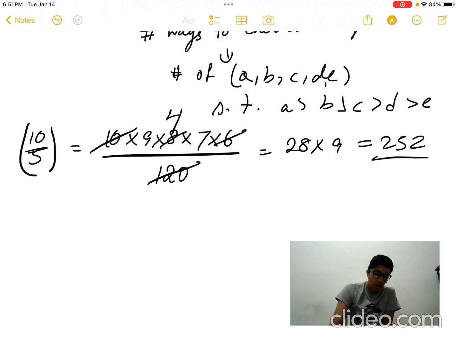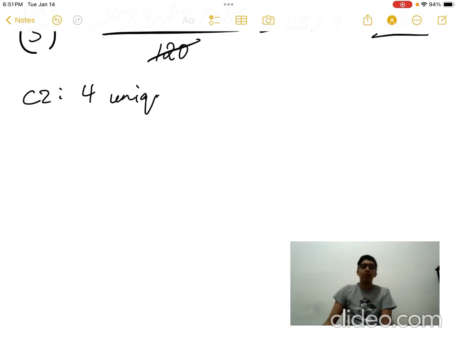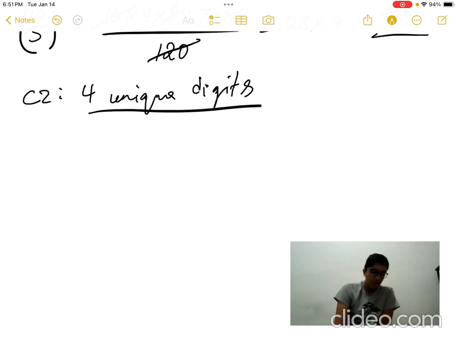All right, and now we move on to our second case. We have four unique digits. Like I said, now instead of selecting five digits, we're going to be selecting four because we only need four unique digits. So we're going to start with 10 choose 4.